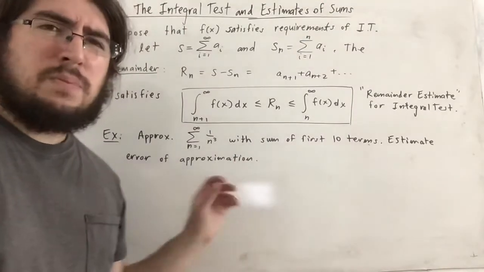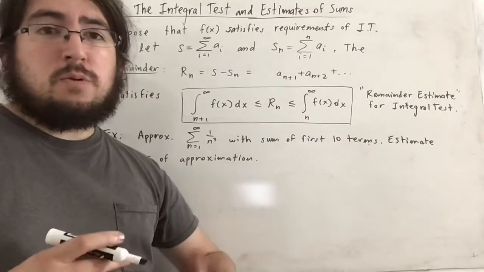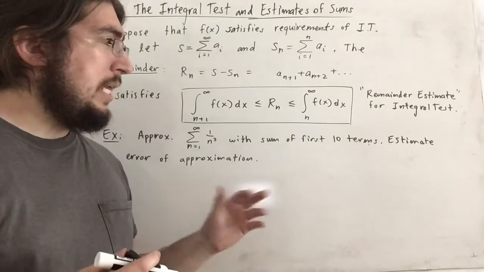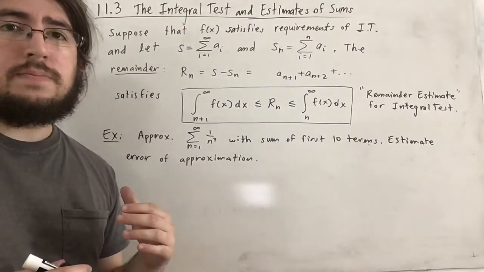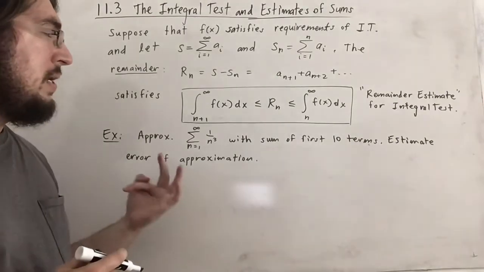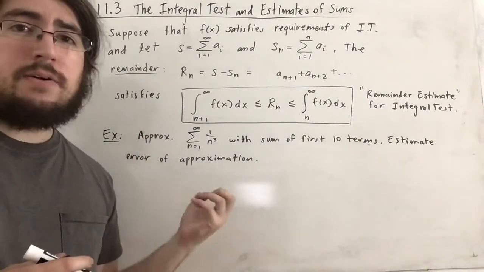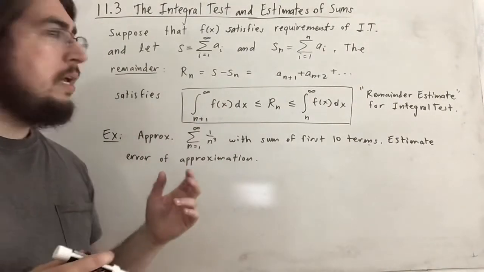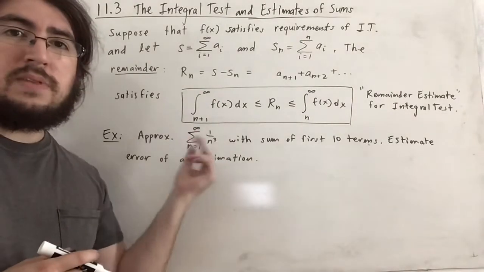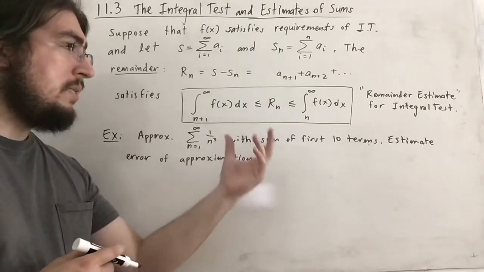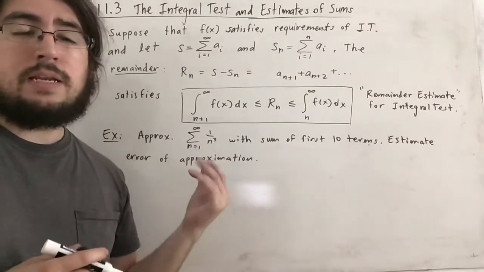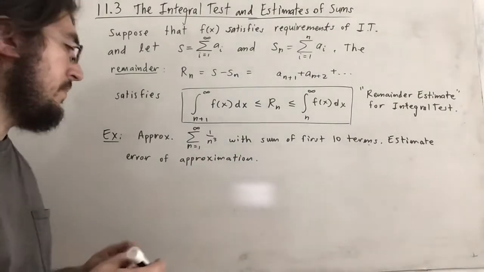So we're just going to plug in 1 through 10, add those together with our calculator, see what we get approximately, and then estimate the error of the approximation. We can't find the remainder legitimately because we don't know what the sum of this series is. But we can approximate the remainder, and approximating the remainder is essentially estimating the error of our approximation.